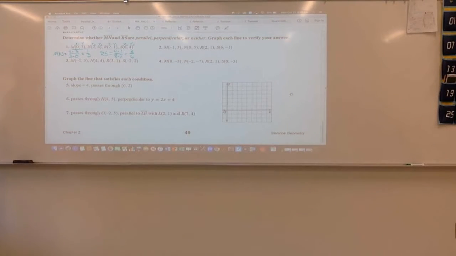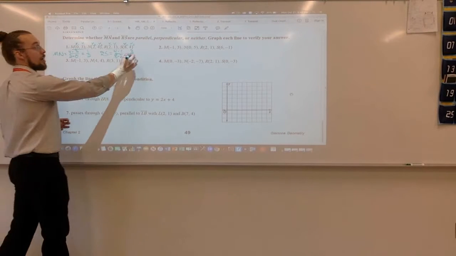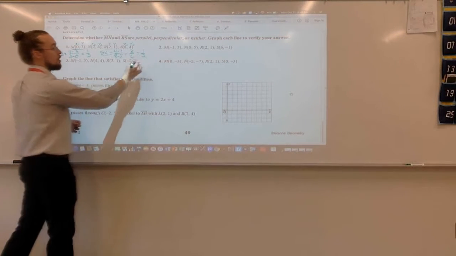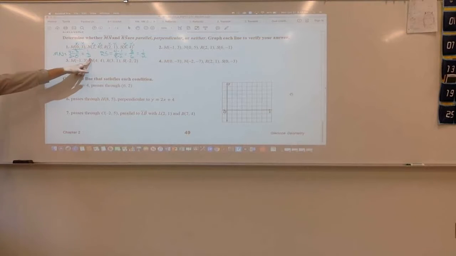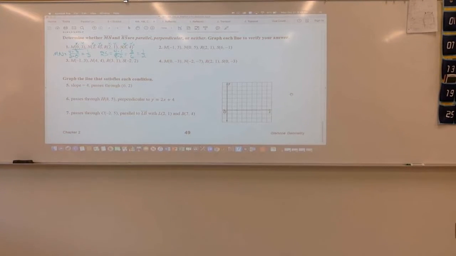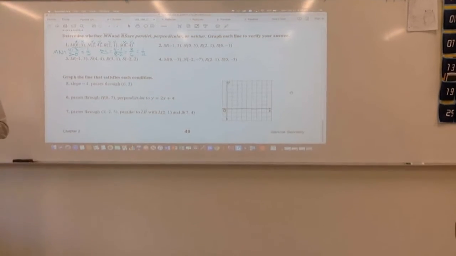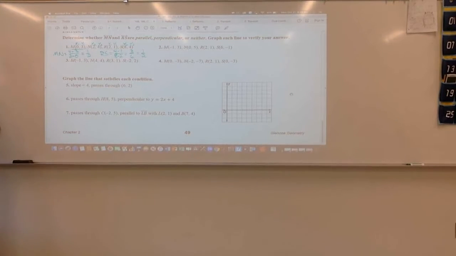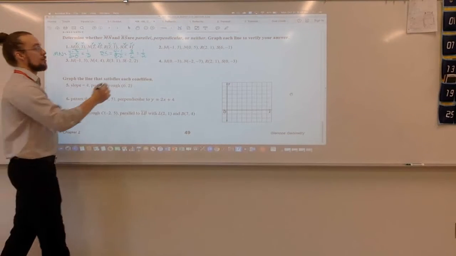Does that reduce? It does. This will reduce to 1/2. So I got 1/2 for the slope of MN, 1/2 for the slope of RS. What's the relationship between these two lines? Parallel. If the slopes are the same, these two lines are parallel.